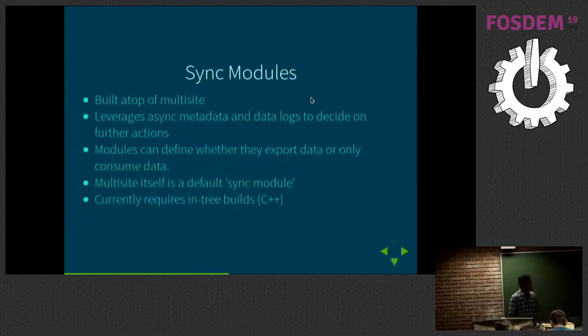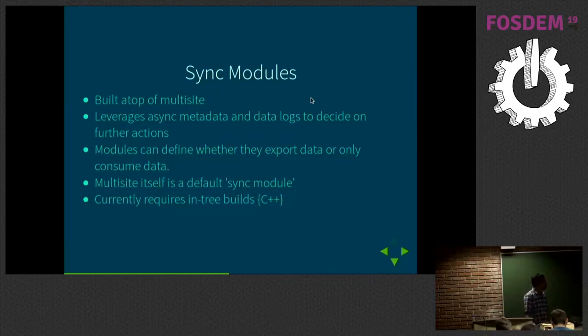Sync modules themselves are built on top of the multi-site framework. Since we have the ability to asynchronously notify a cluster that there are metadata changes and data changes, we can leverage that, and a remote site can, instead of writing to the Ceph cluster itself, just relay this data across to something like Elasticsearch, or even relay it across to a different cloud, or make notifications or something like that.